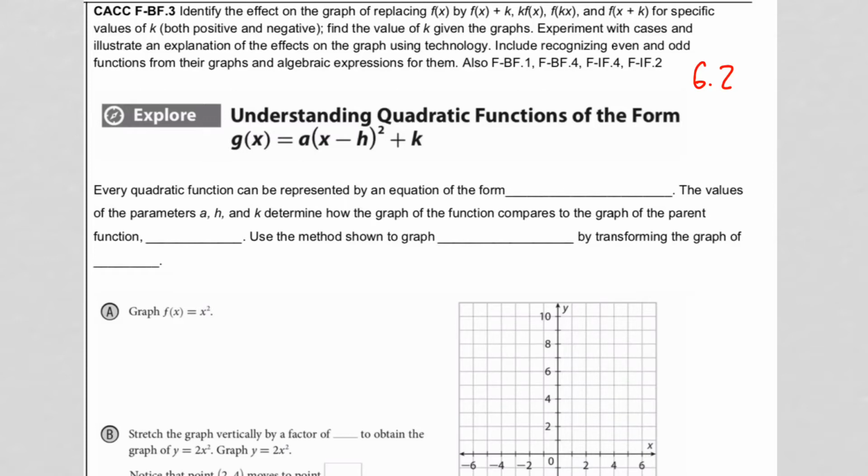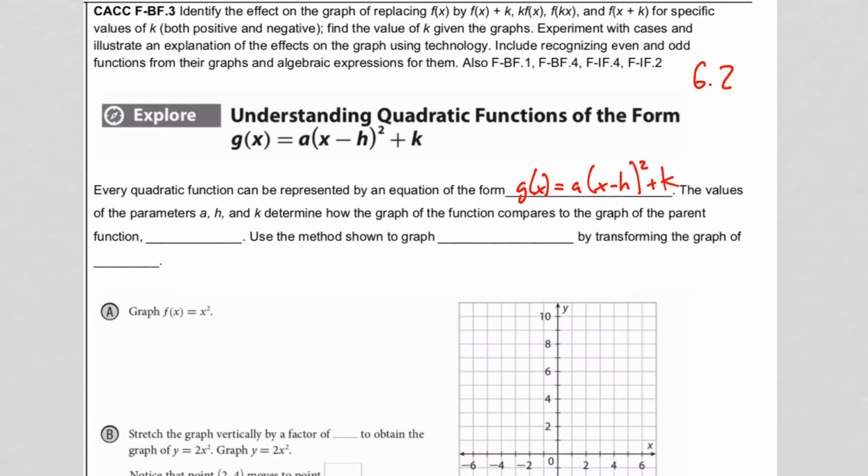You've already done this. So every quadratic function can be represented by an equation of the form g of x is equal to a times x minus h squared plus k.